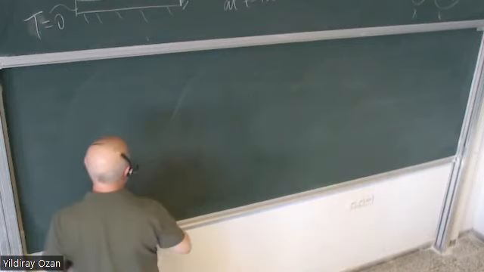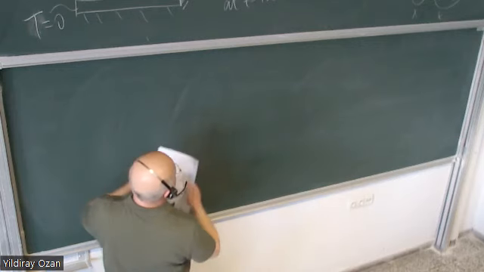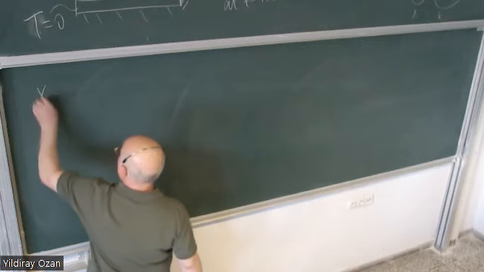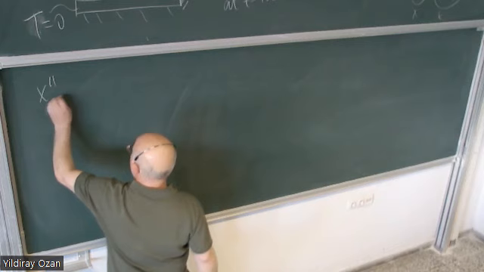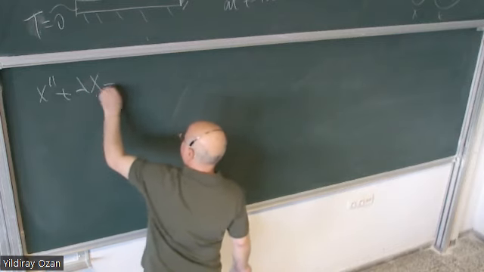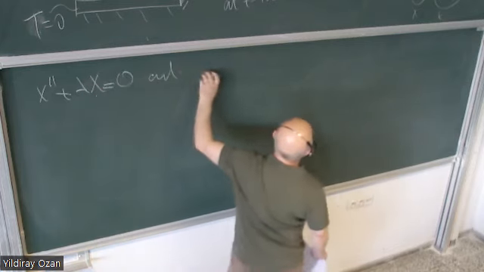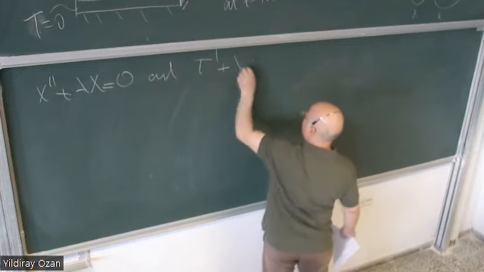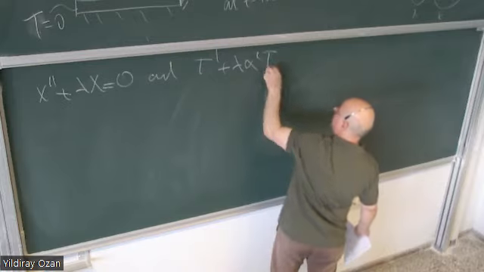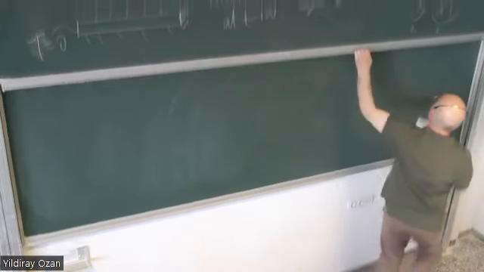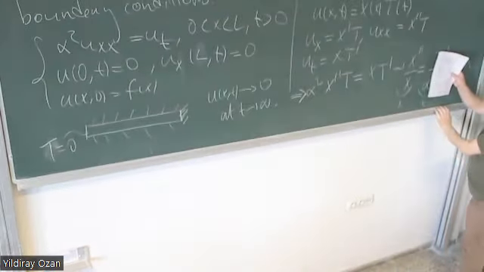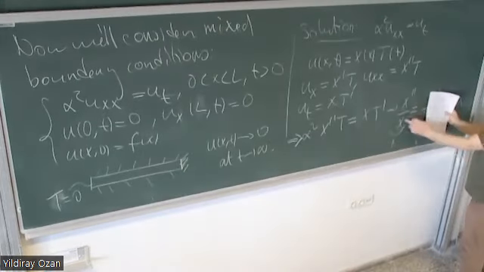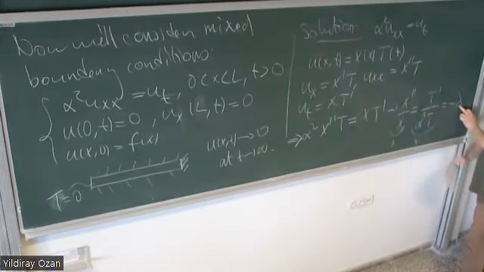Okay. And then we just, as usual, write down two equations. One of them is this, and the other one is T' plus lambda alpha squared T equals 0, right? So from this one, X'' over X is equal to minus lambda.